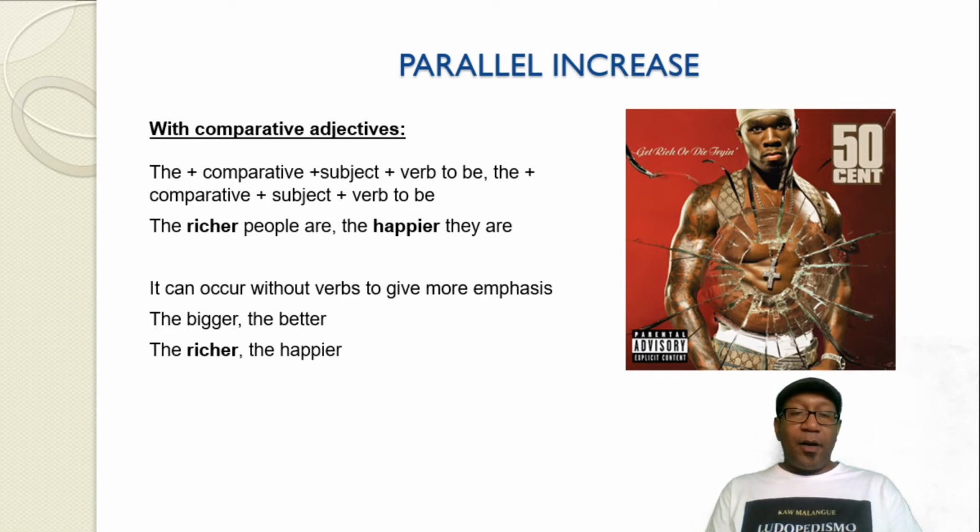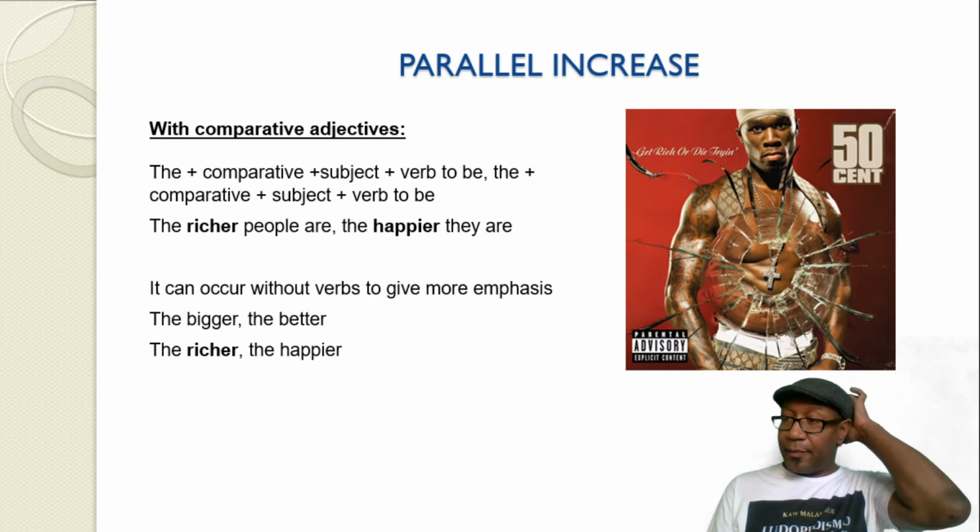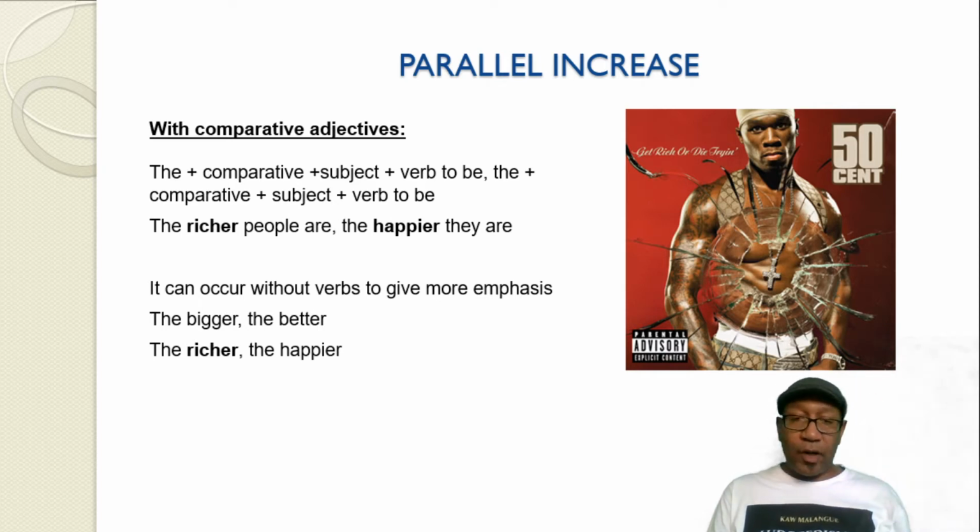In the first example I was using the expression the more, but I was not using adjectives, right? But here we have an example with comparative adjectives. So: the plus comparative plus subject plus verb to be, the plus comparative plus subject plus verb to be.